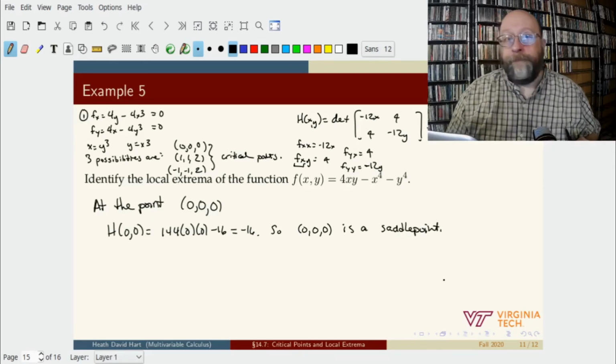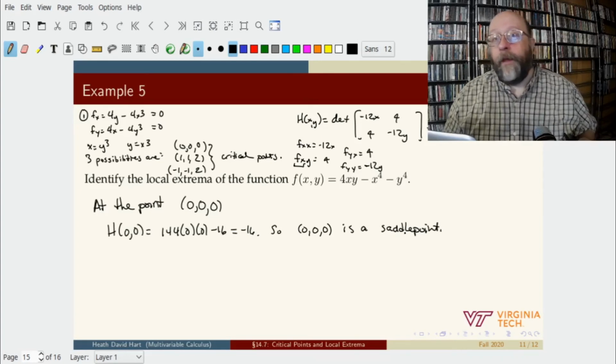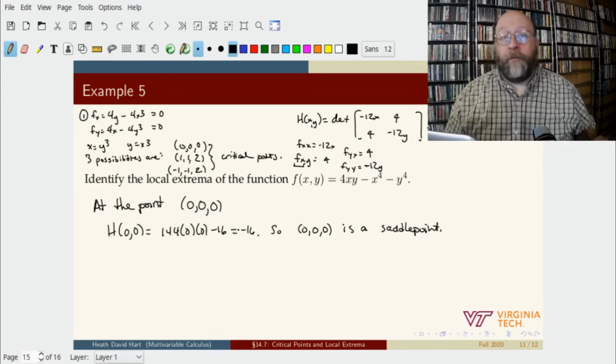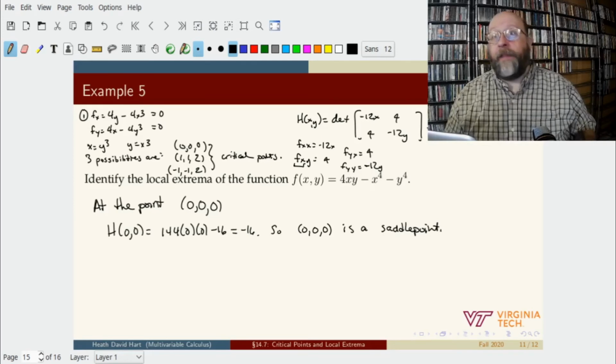Okay. Flat out, it's a saddle point. It's not a maximum, it's not a minimum. We have a negative Hessian. That's because at the origin, this is 0, this is 0, but 4s are stronger than 0s, and therefore the torsion wins out over the concavity.